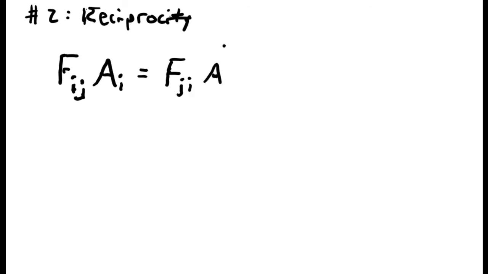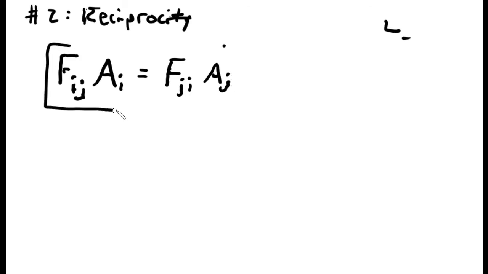Okay. So the reciprocity rule is fairly simple. It looks like this. If you have a view factor Fij, and you multiply it by the area of i, so the area of the first letter, or where heat is leaving from, then that is equal to Fji times Aj.